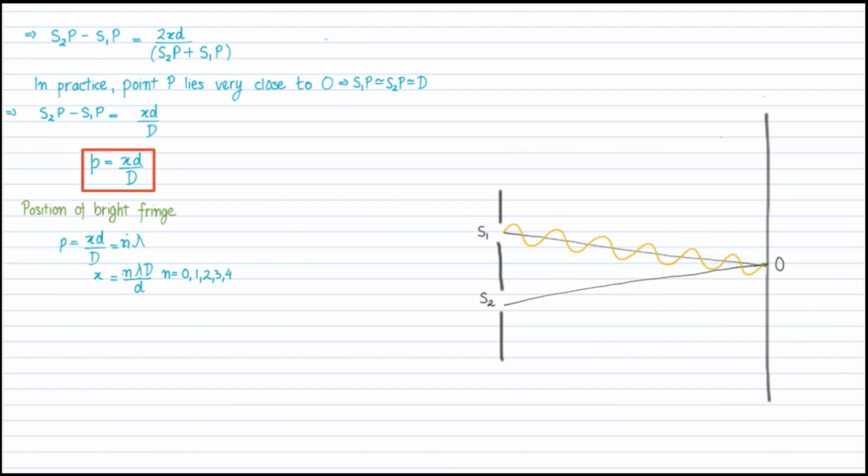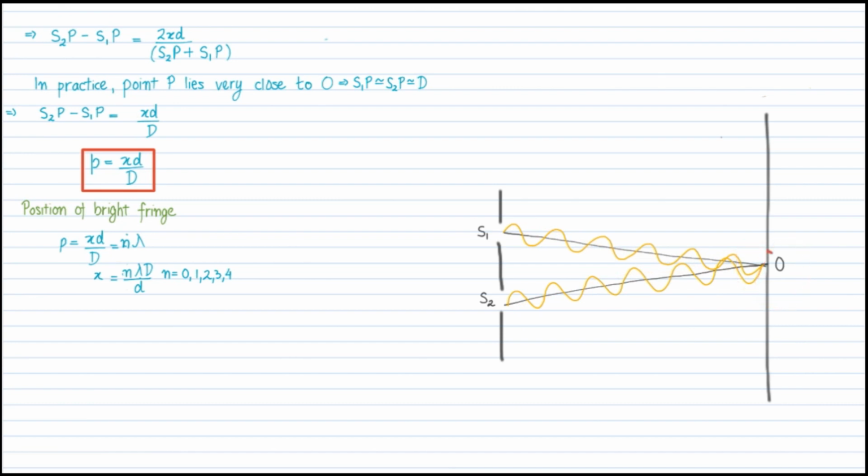From point S2, 1, 2, 3, 4, 5, 6 wavelength. So complete wavelengths in this case: 6 wavelengths here and 6 wavelengths here. In such a case, you will obtain a bright fringe at this point O.